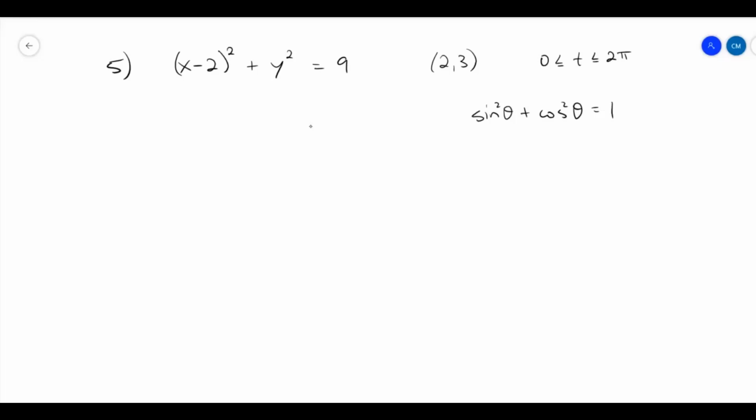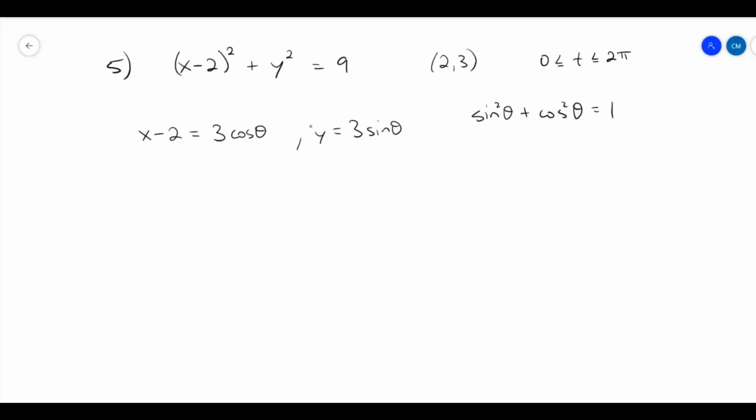So what we're going to do is let x minus 2 equal 3, and I don't know, we should do sine or cosine. I'll just say cosine first. And then we're going to let y equal 3 sine theta.